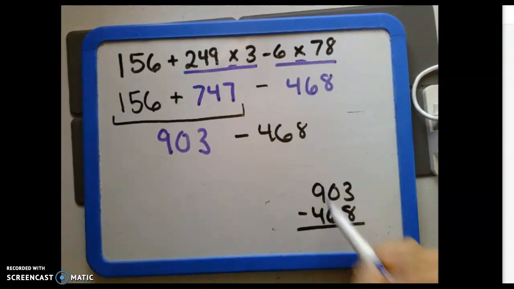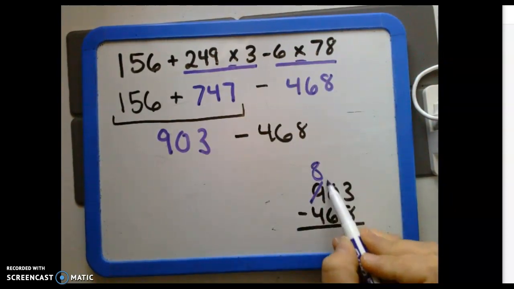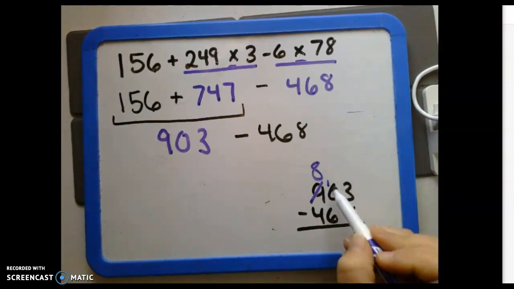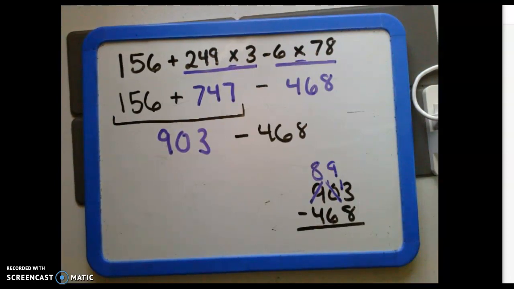I'm going to take a group away from this 9 and make this 9 an 8 and give it to my tens place. But remember, I still need to give something to this 3 here. So now that this 10 is going to become a 9, and that 3 is going to become 13. So I have enough to subtract.